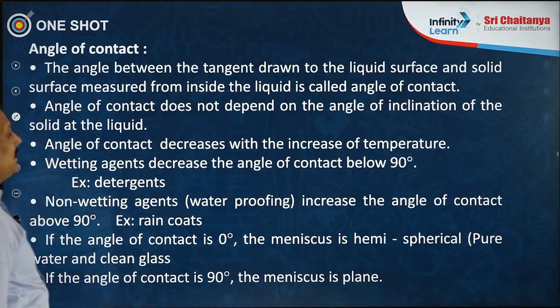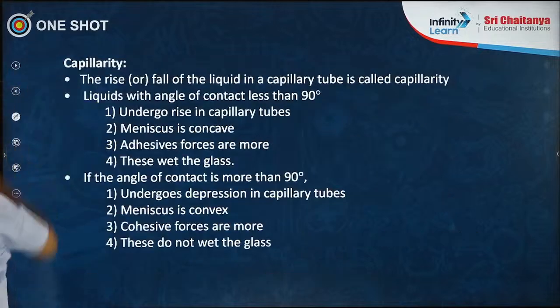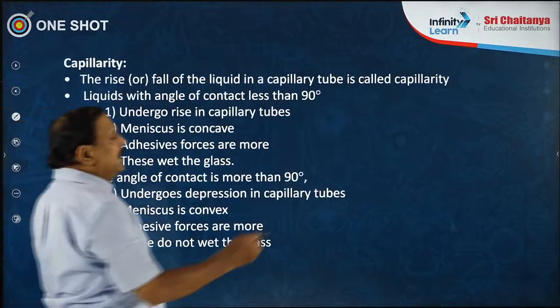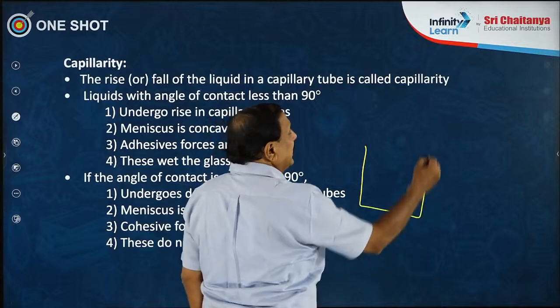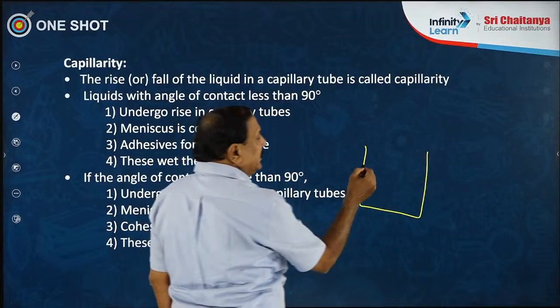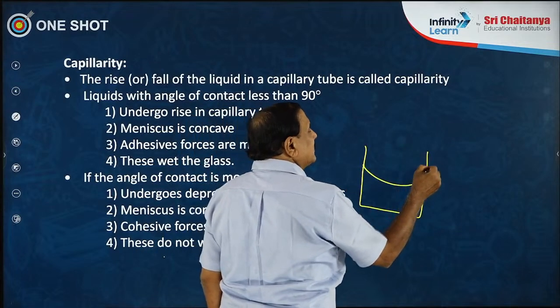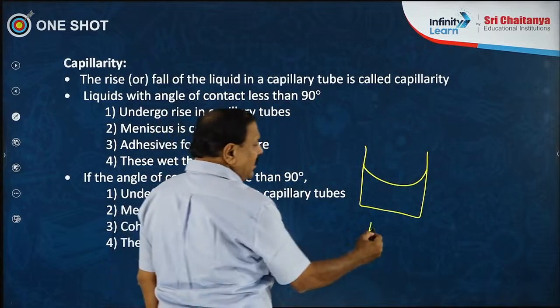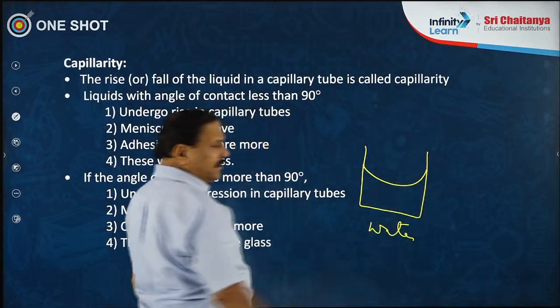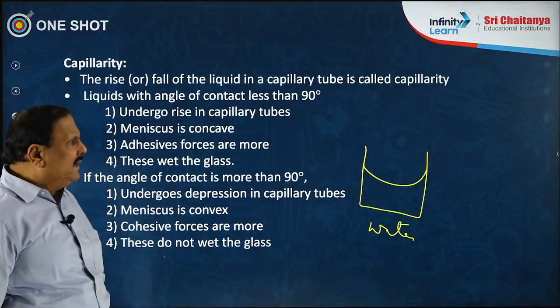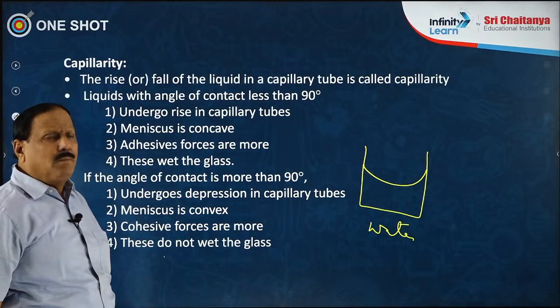How can you draw the shapes of those liquids? For example, if we consider a beaker containing water, the meniscus will be like this. In the case of water in a glass beaker or any beaker, the meniscus is concave upwards.